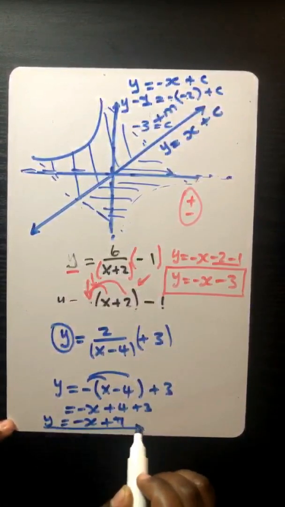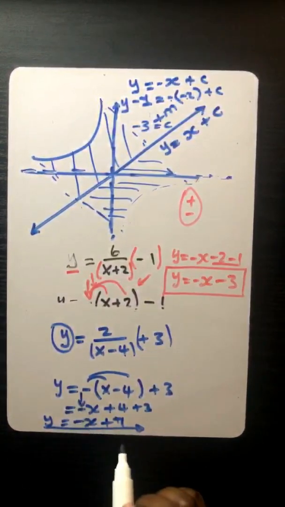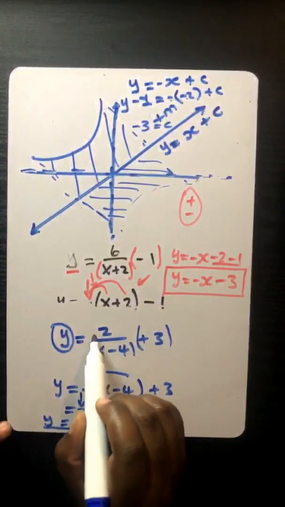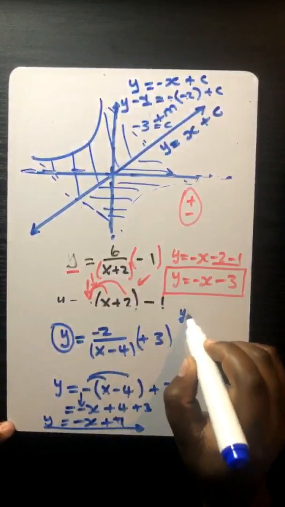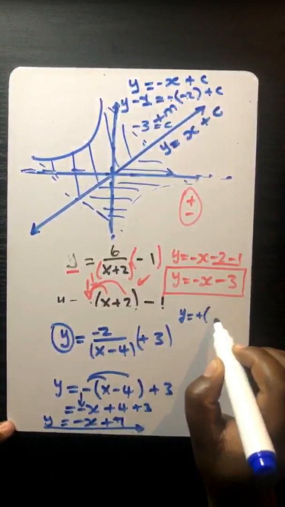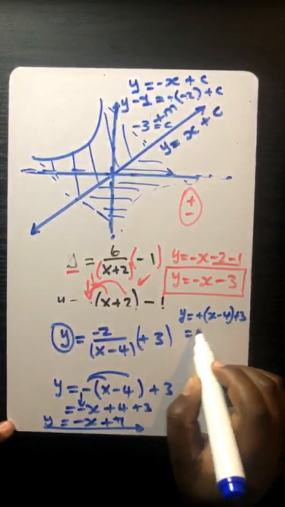Then this is the equation of an axis of symmetry having a negative gradient. So if it had a negative gradient, maybe there it could have had negative 2. So that means you're just going to have y equals, then it's just positive into x minus 4 plus 3 there. Then you just solve.